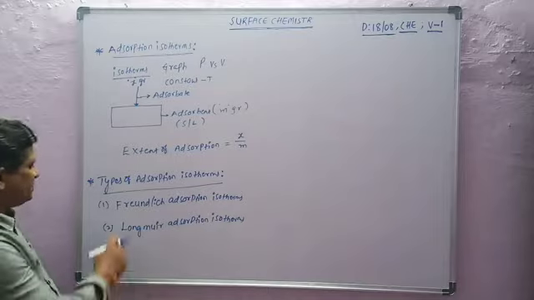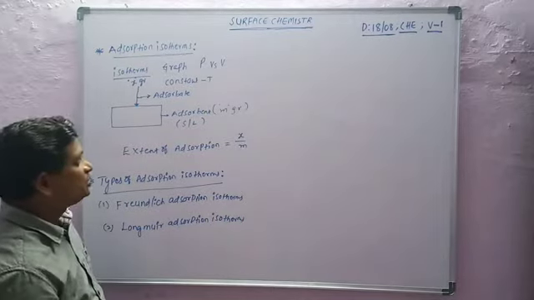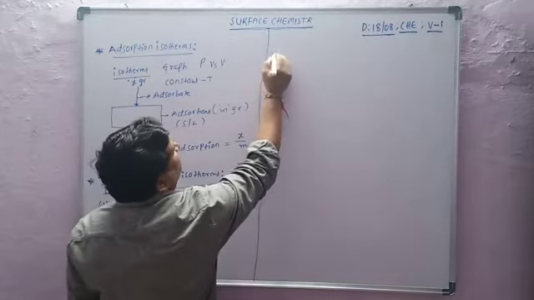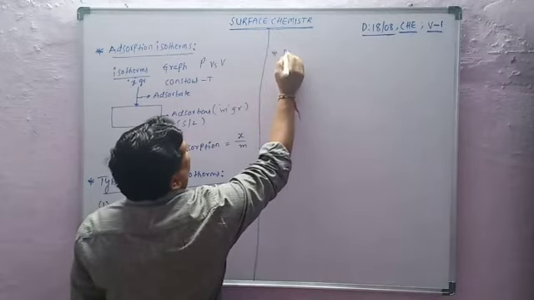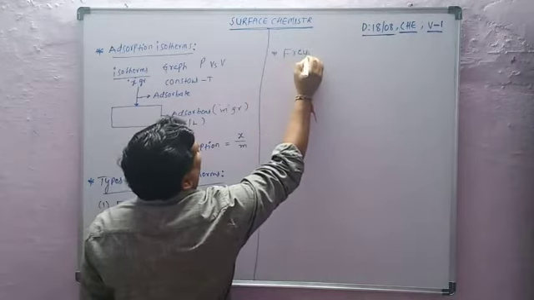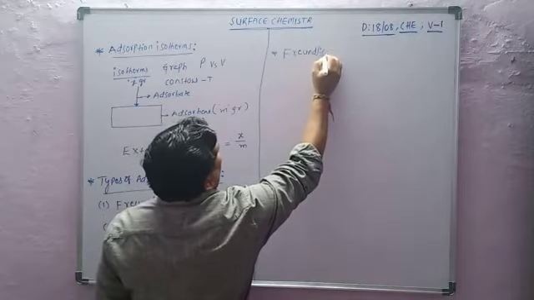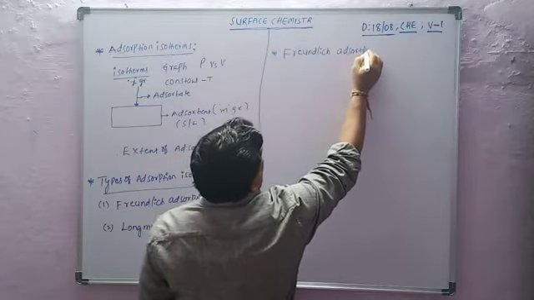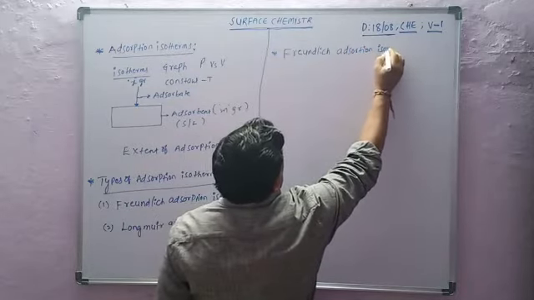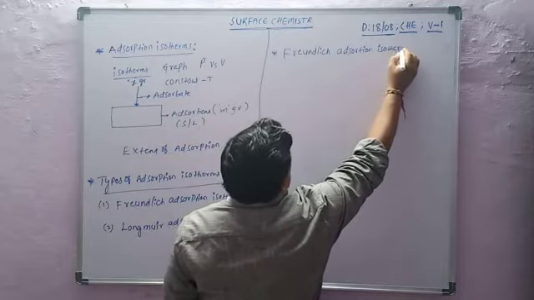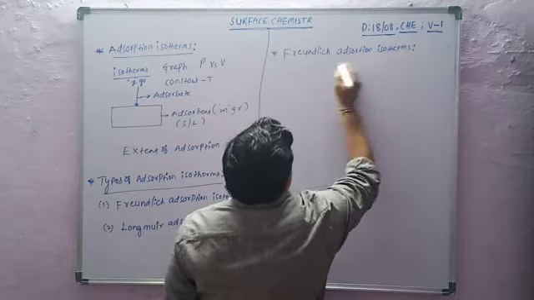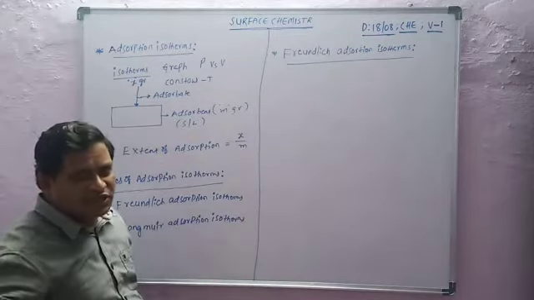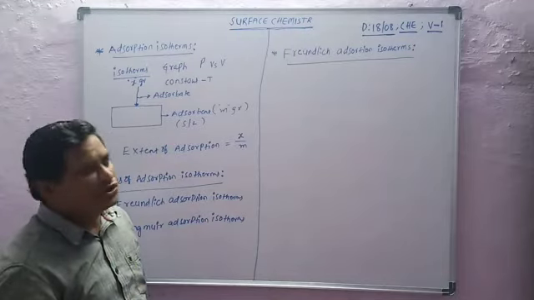First is the Freundlich adsorption isotherm. In the Freundlich adsorption isotherm, extent of adsorption is directly proportional to pressure.